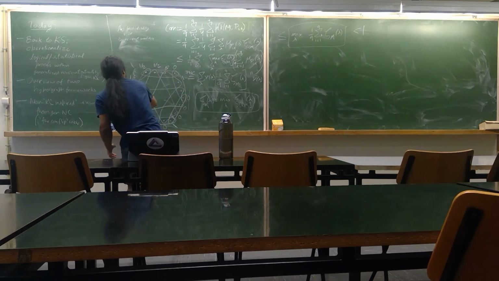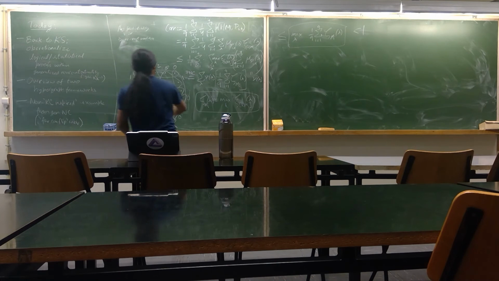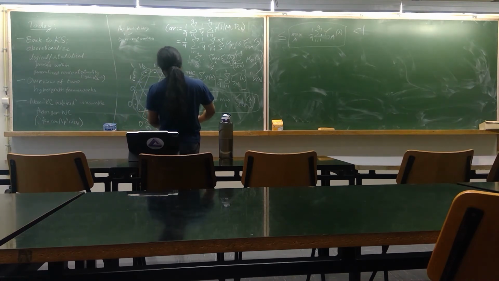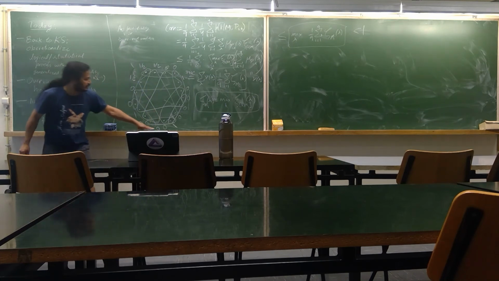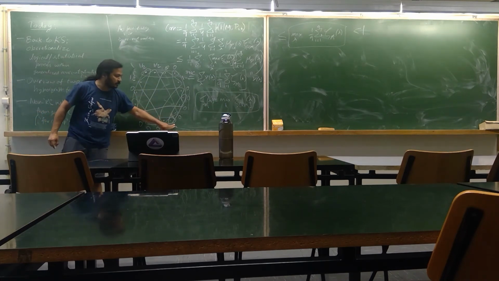Maybe 1. No, sorry, this is a 0. And then a 1 here. So this is an example of a measurement non-contextual assignment of probabilities.